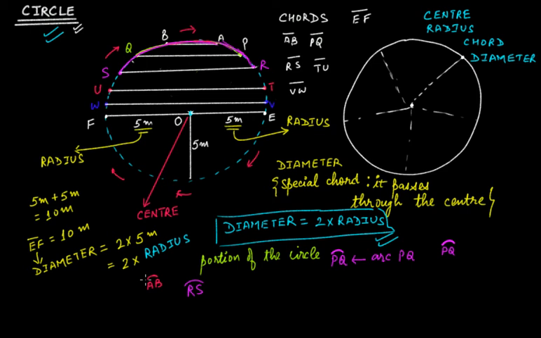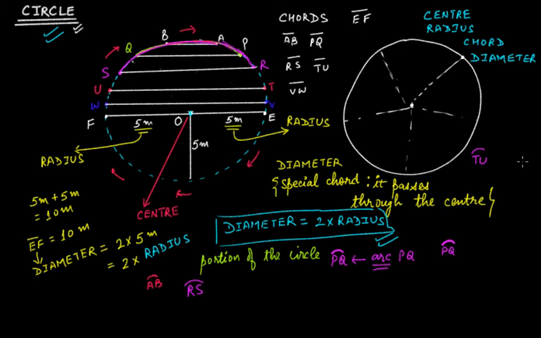So arc PQ or AB or RS, and similarly you can write arc TU. So these are all called arcs. This is the concept called arc. So center, radius, chord, diameter, and now we have arc.